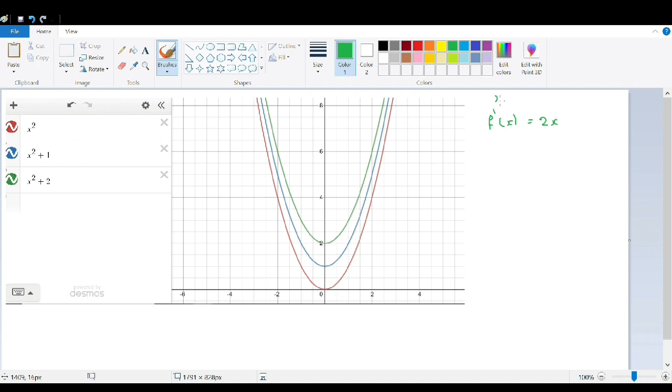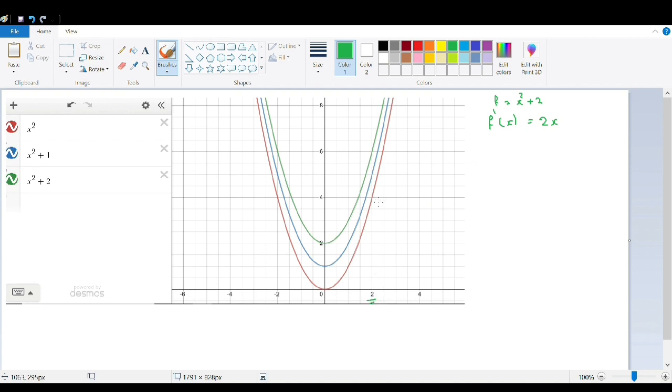Now we need to know what is the slope, or what is the derivative, of the functions y is equal to x squared and y is equal to x squared plus 1 at the point 2.